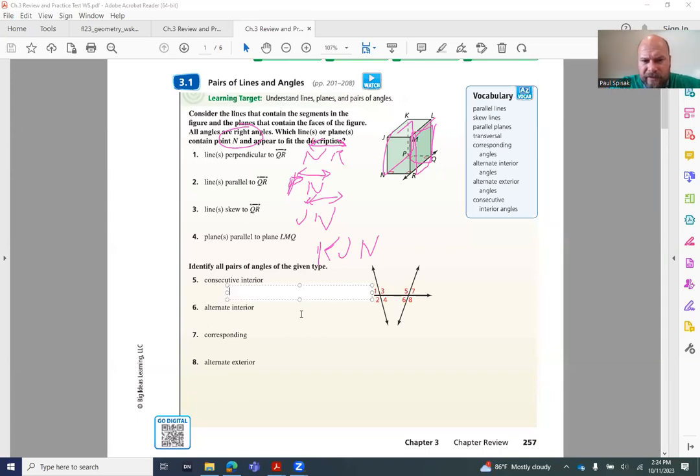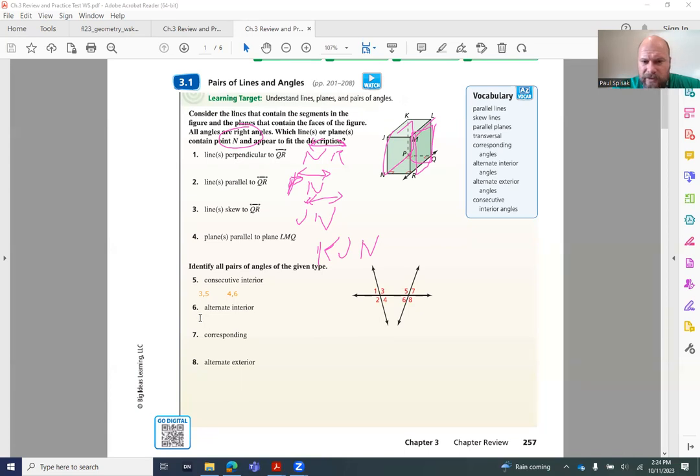For consecutive interior, we need angles that are on the same side of the transversal, but inside the parallel lines. So there's 2 that will work. It'll either be 3 and 5, or the other set is 4 and 6. Again, they're on the same side of the transversal, but inside the lines.